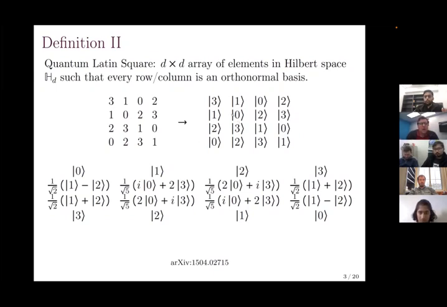So every row or column is an orthonormal basis of a 4-dimensional Hilbert space. And this one at the bottom is a slightly more non-trivial version of a quantum Latin square, where some of the elements are in superpositions.